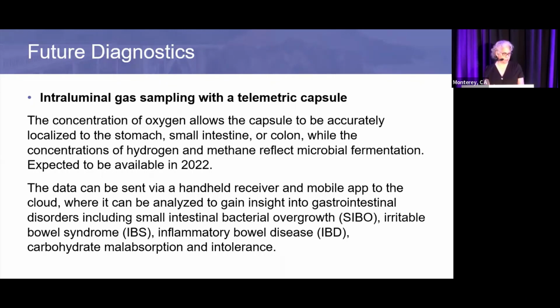So this telemetric capsule captures concentrations of oxygen, which allows the capsule to be accurately localized in the stomach, small intestine, or colon, while the concentrations of hydrogen and methane reflect microbial fermentation, and it's expected to be available this year.